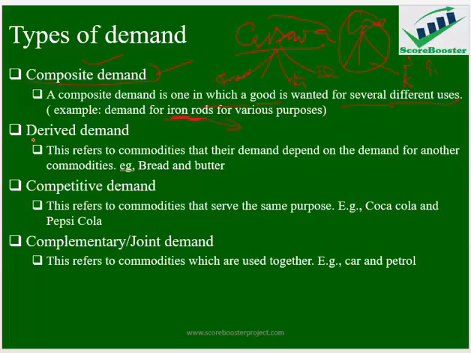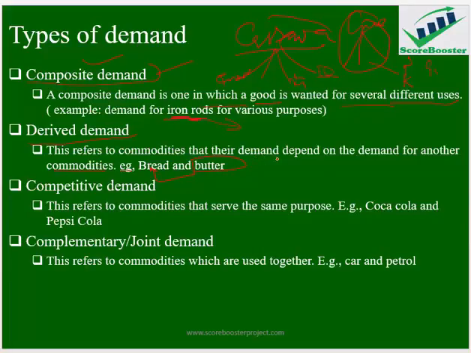The next type of demand is what we call derived demand. A derived demand is related to commodities whose demand depends on the demand for another commodity. For example, if I demand butter, it is because I already demand bread.